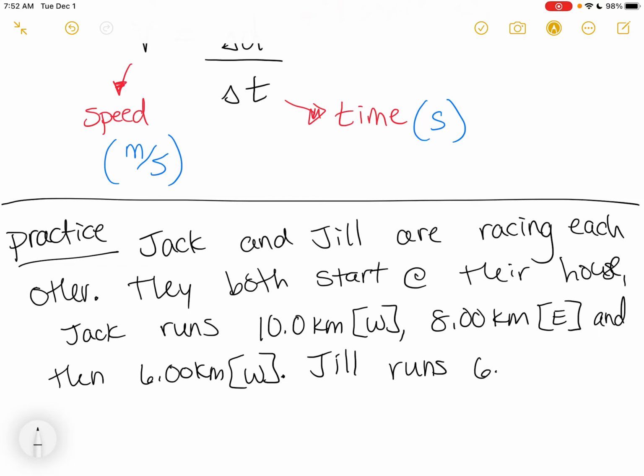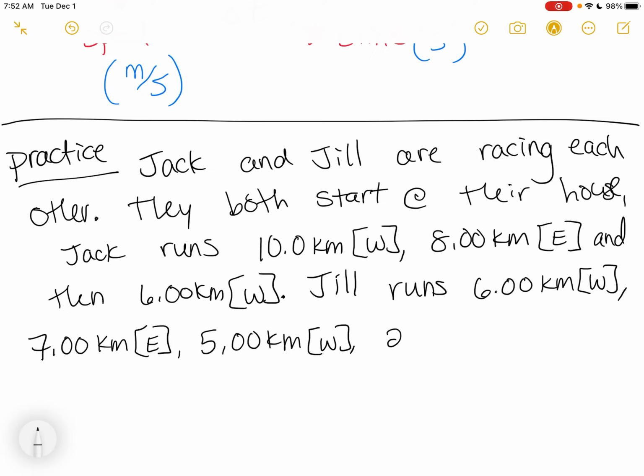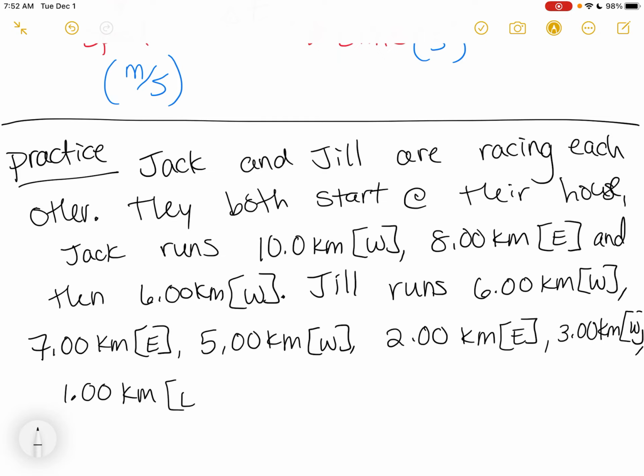Jill runs 6.00 kilometers west, 7.00 kilometers east, 5.00 kilometers west, 2.00 kilometers east, 3.00 kilometers west, and then lastly 1.00 kilometers east.